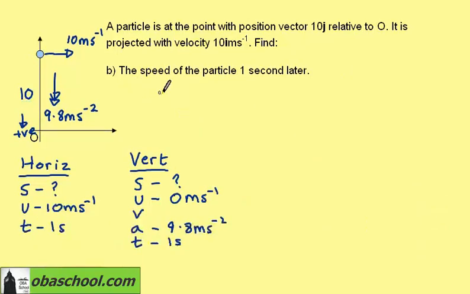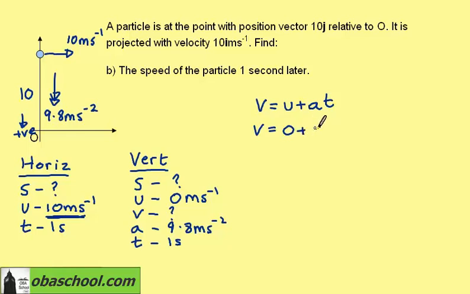We now want to know the speed of the particle after 1 second. Horizontally there's no acceleration, so the speed will still be 10. We can work out the vertical speed using our SUVAT information, and we could use V equals U plus AT.